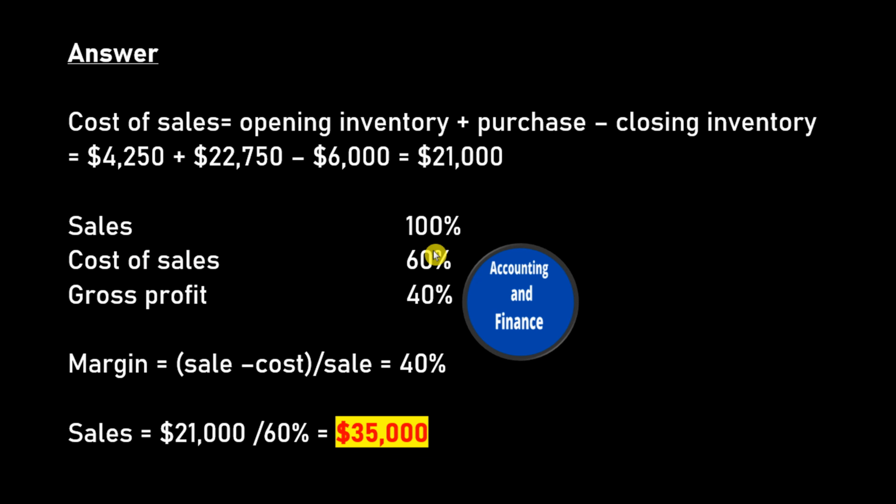Sales are 100%, cost of sales 60%, gross profit 40%. Margin equals sales minus cost, divided by sales, equals 40%. Sales equal $21,000 divided by 60%, equals $35,000.